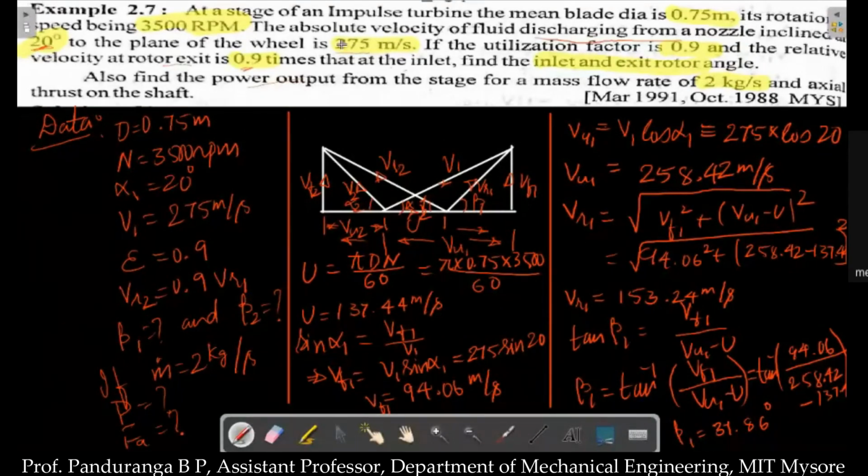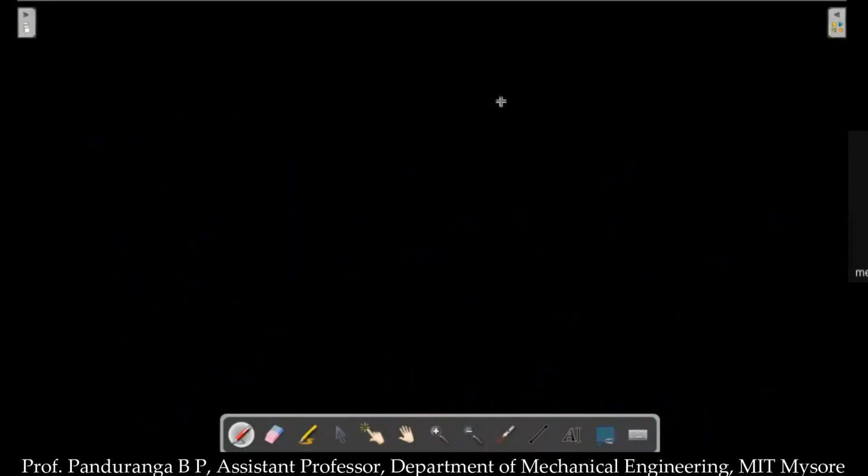So we know the inlet velocity triangle values. Now we need to find out the outlet velocity triangle values. I'll take a blank page.